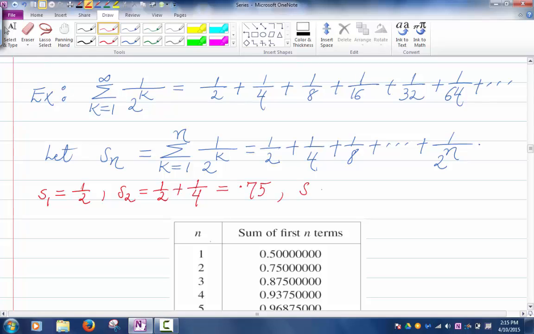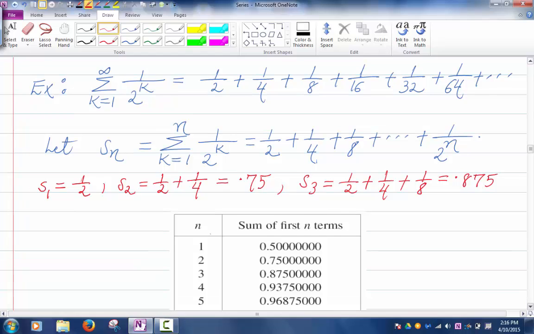What is S3? S3 is half plus 1/4 plus 1/8. And if you calculate that, you're going to get 0.875. Am I making sense?